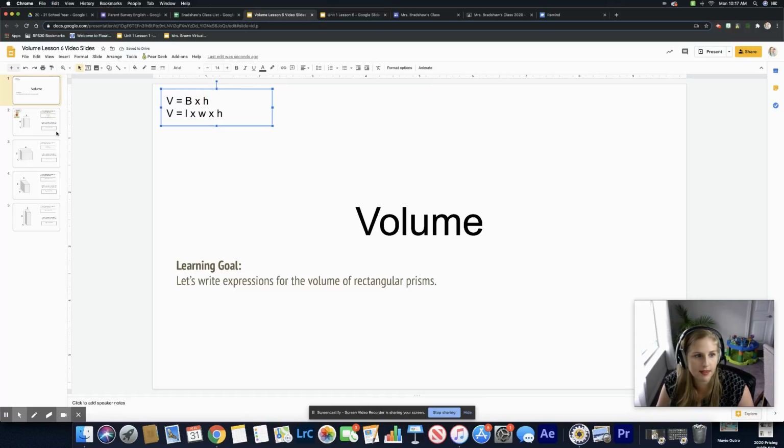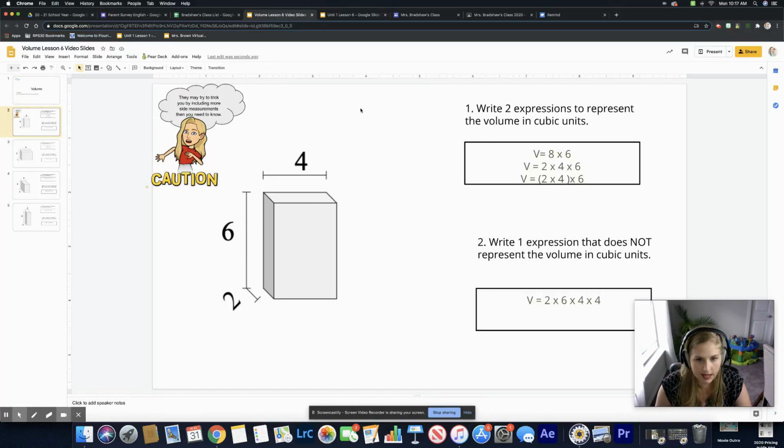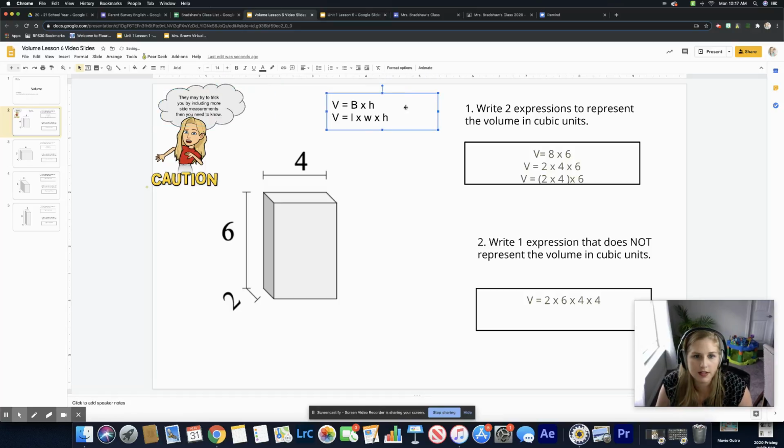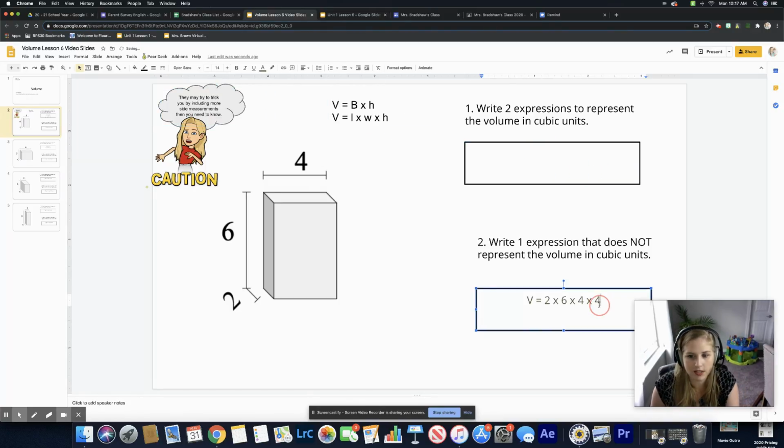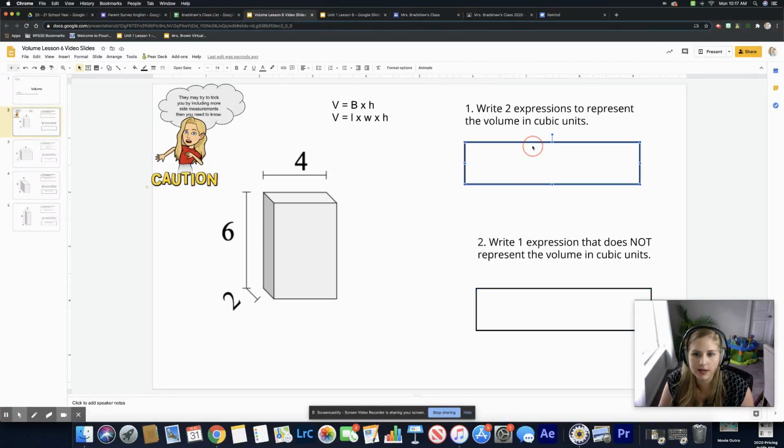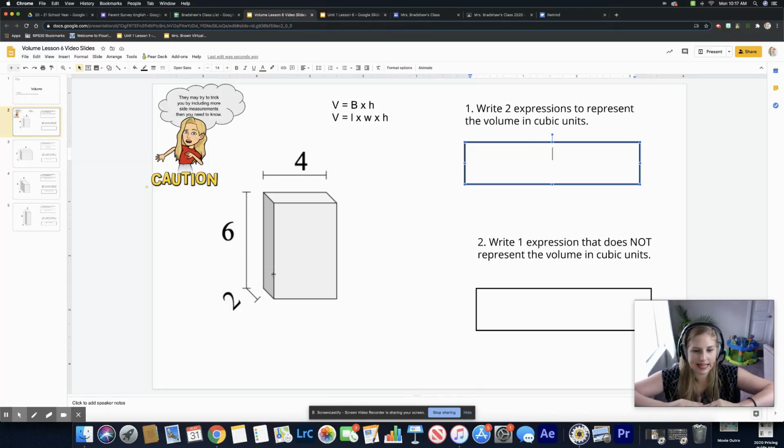So I'm just going to copy this and bring it onto my next page. So this first one, I have to write two expressions that represent the volume in cubic units. So I know volume equals base times height. And remember, base is that bottom layer within the figure. So I have 2, what is that side going to equal?